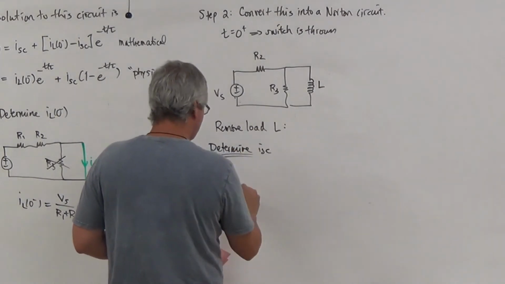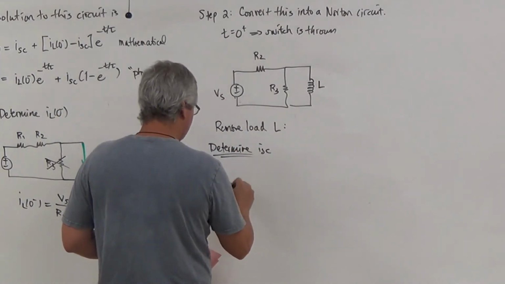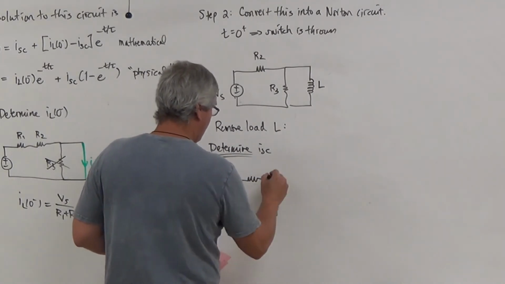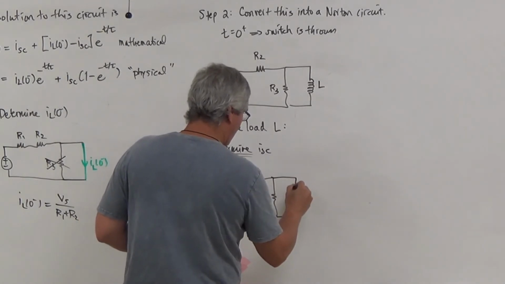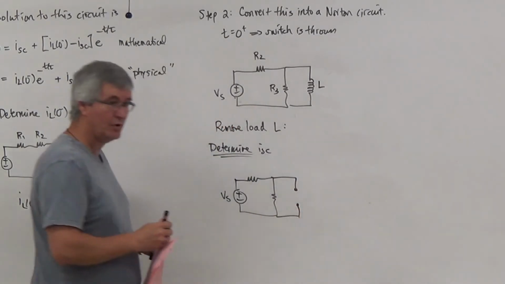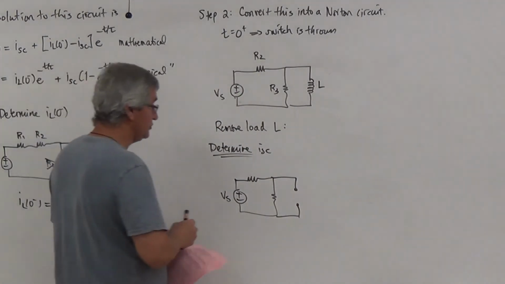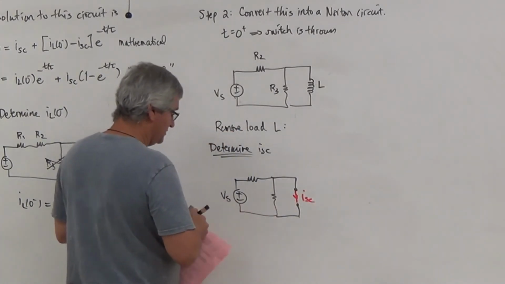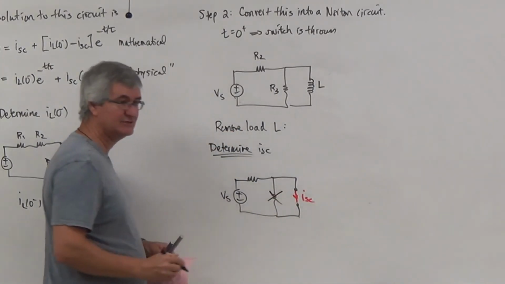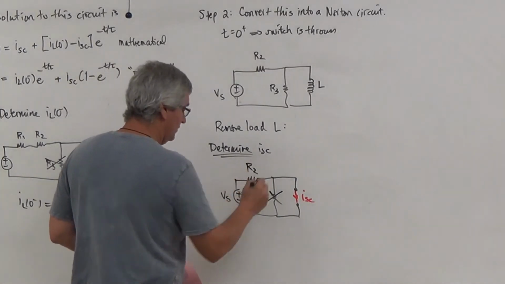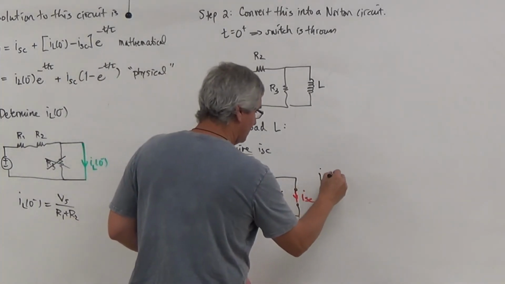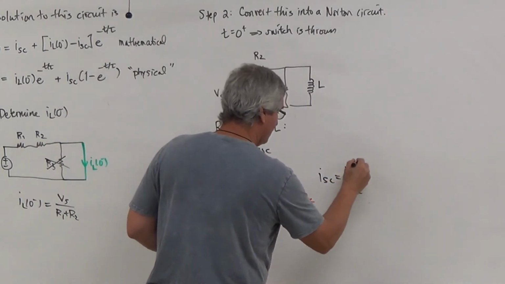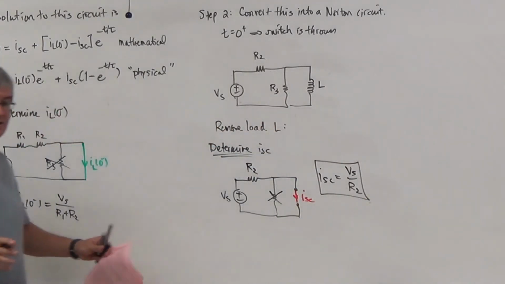If I determine I short circuit here, I'm going to get Vs, then R2, R3, and where the load was, I'm going to put a short there, and that short is I short circuit. You can see right away that resistor R3 is gone, and this is R2. So you can see that I short circuit has to be V source over R2.